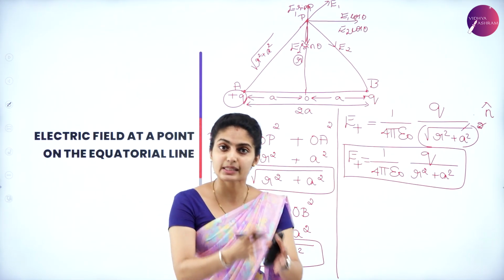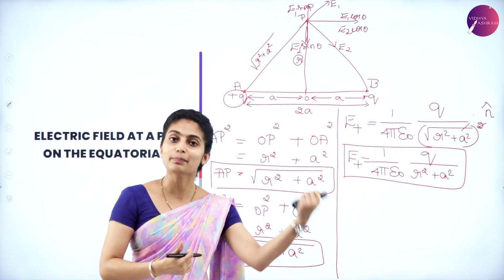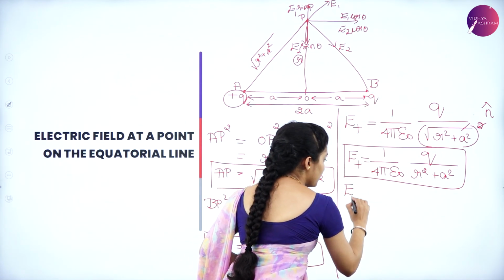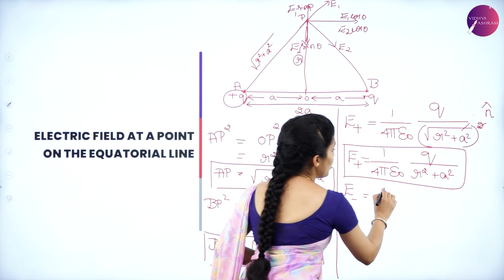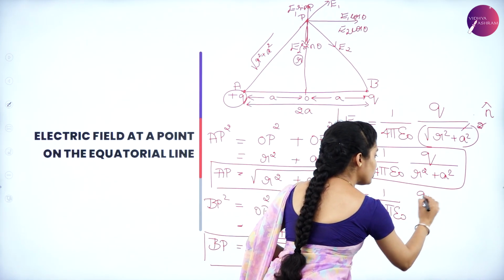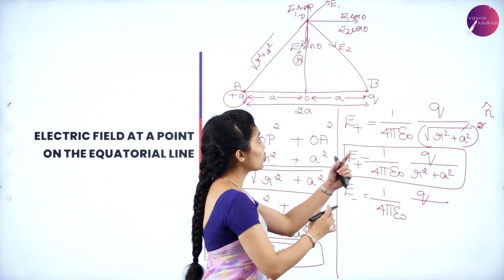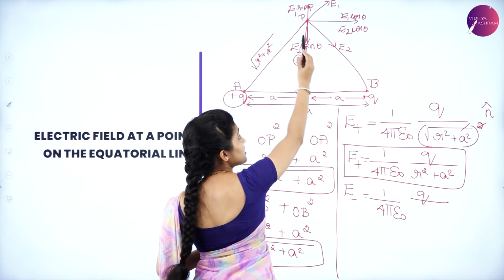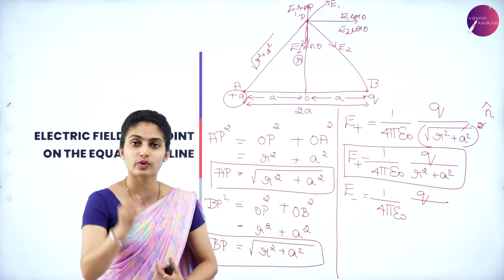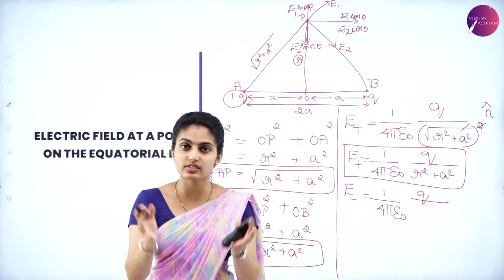And next, in a similar way, we go on with the minus sign. So it is minus Q. So E minus is equal to 1 by 4 pi epsilon naught Q divided by, same thing goes up to here, because even this distance is also the same, that is root of R square plus A square, wherein you're squaring the distance between them.